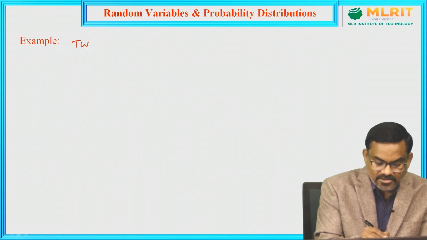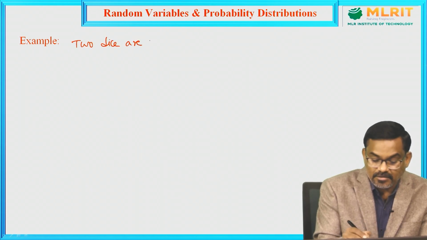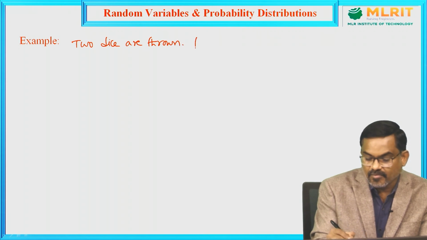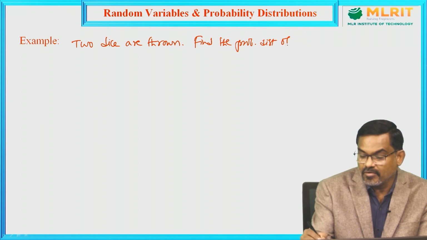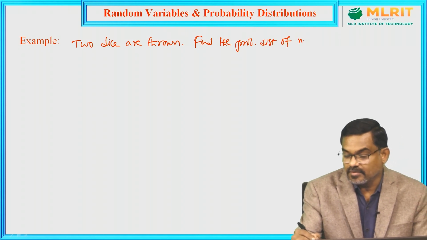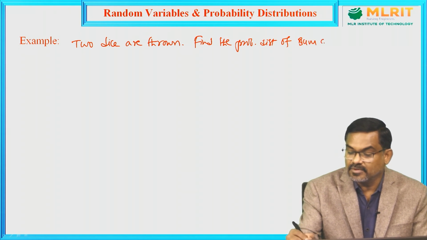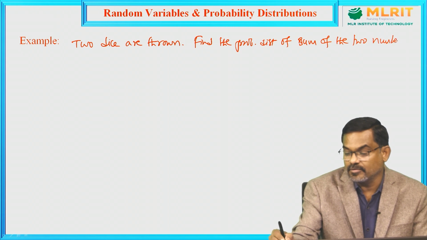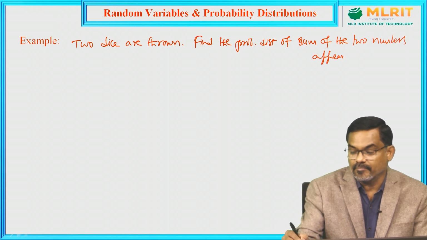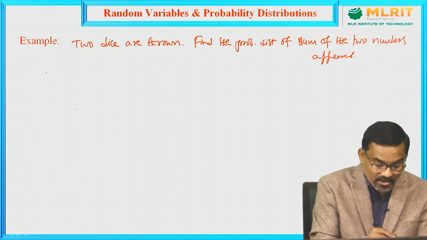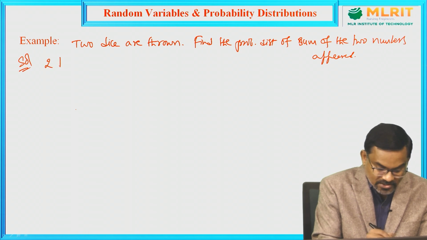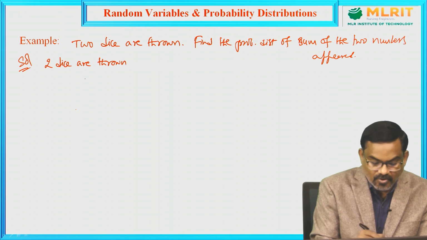Similarly, 2 dice are thrown. Find the probability distribution of the sum of the 2 numbers appeared. Since 2 dice are thrown, what is the sample space?